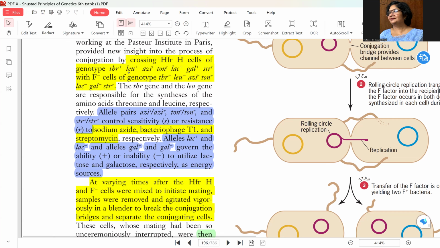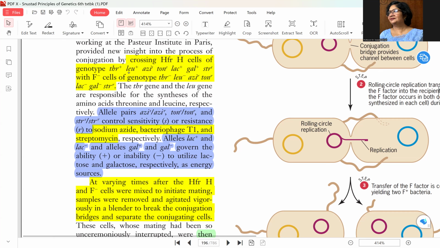So as transfer starts from a random position within the F factor of the Hfr cell, then along with the F factor, some adjacent DNA sequences of the bacteria can also be transferred, because if ORI-T is not present at the end of the integrated factor, and if it is present at a random position of the F factor, then when that is transferred, the whole of the F factor may have been transferred, that is, starting from ORI-T to where it ends in the integration site.